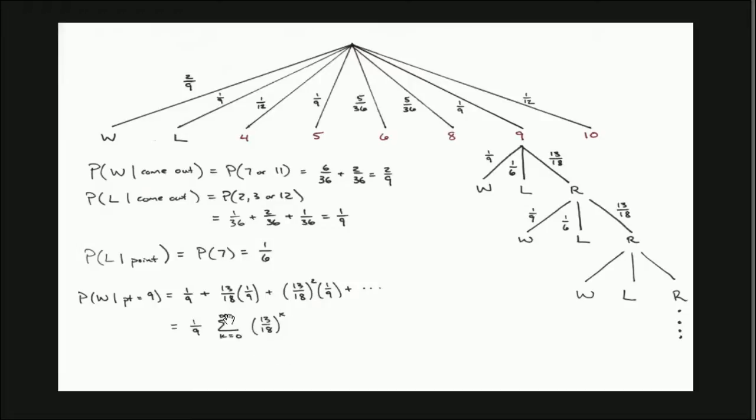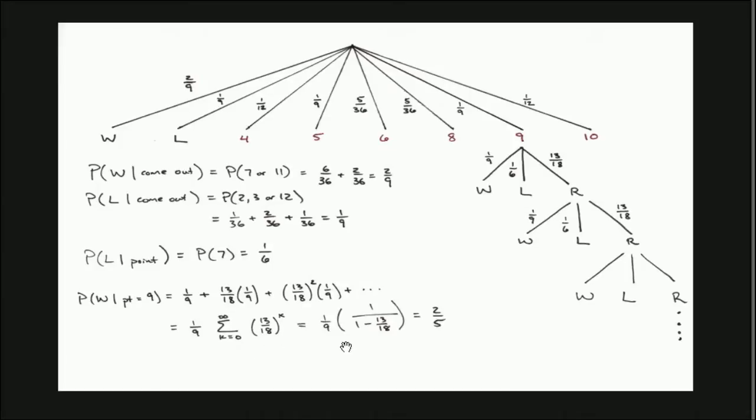So we get this geometric series. Maybe from Calc 2, or some other previous math class, you might remember the sum of a geometric series. The sum of a geometric series is just going to be 1 over 1 minus whatever value we've got that we're taking the power of.